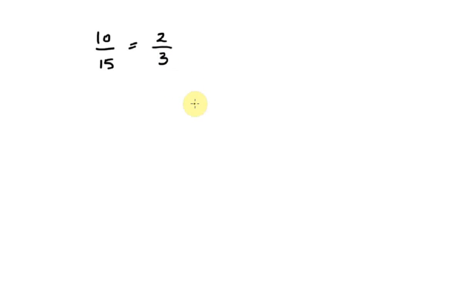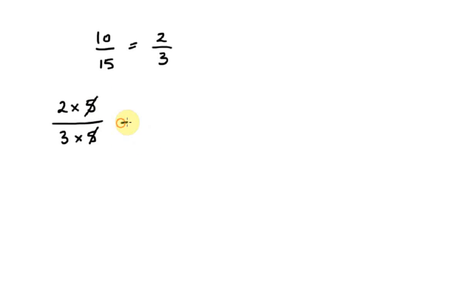Nothing new there, but let me make something really clear. Suppose I rewrote that 10 as 2 times 5, and I rewrote the 15 as 3 times 5. We use a little trick sometimes when things are multiplied together across the top and across the bottom, where we go, oh, look, a 5 and a 5.